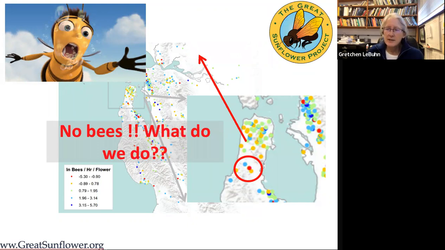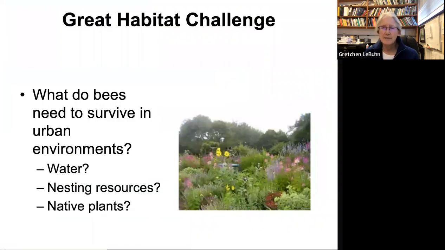This led to us collaborating with our participants to develop what we call the Great Habitat Challenge. And the key focus here was asking the question, what did bees need to survive? We focused primarily on urban environments when we came up with our checklist, but it's really useful anywhere that you want to implement it.